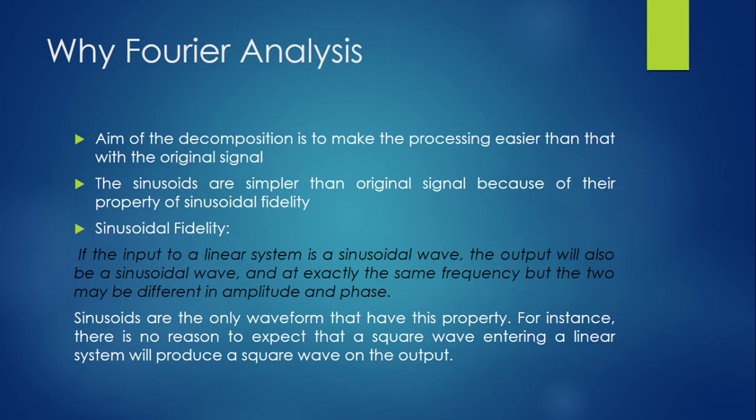It's only sinusoidal waves that have this property of fidelity. A square wave or a triangular wave does not have any such property. That's why signals are decomposed into sinusoidal waves, not into triangular waves or square waves or anything like that.